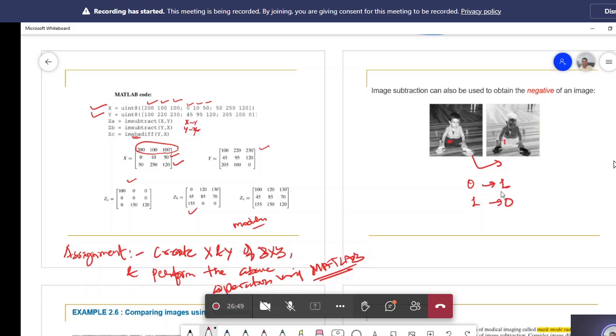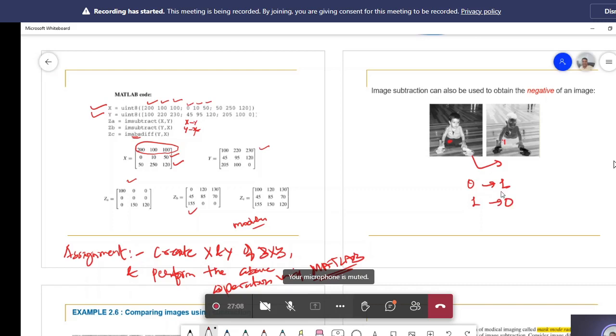Yes, sir. Now this is the example so that you can understand it better. Comparing images using subtraction. Okay, this is the infrared image. First A. This is the B image resulting from setting to 0 the least significant bit of every pixel.